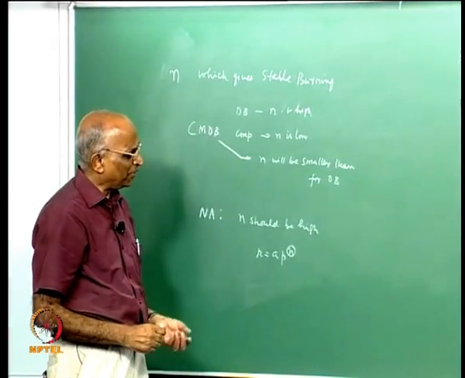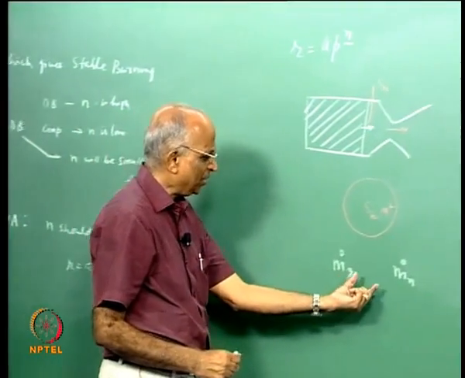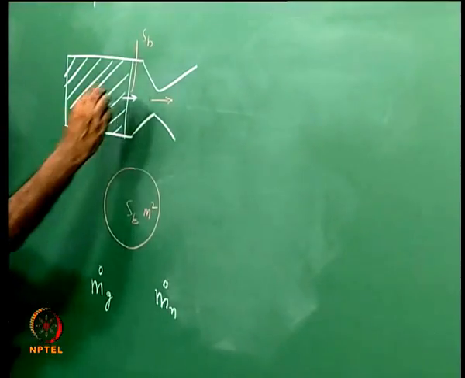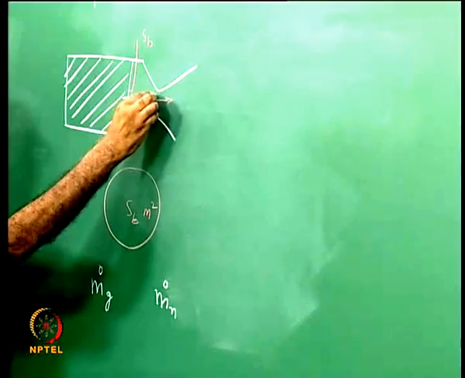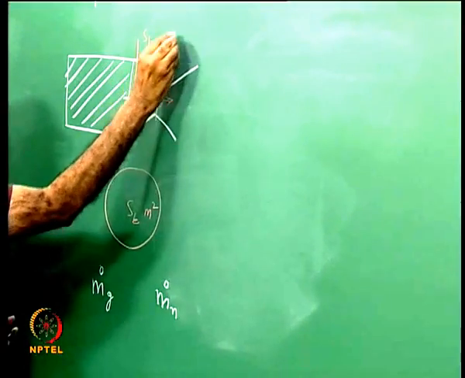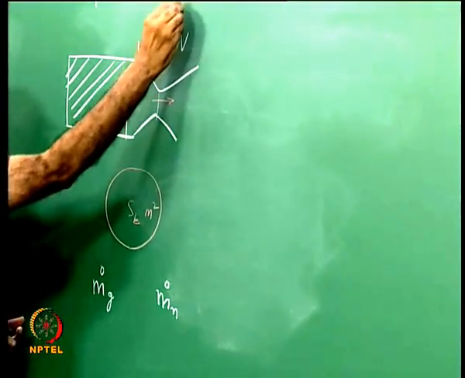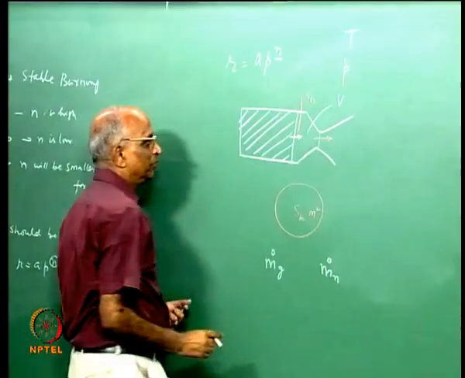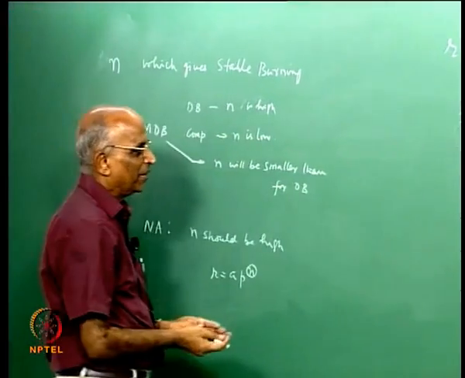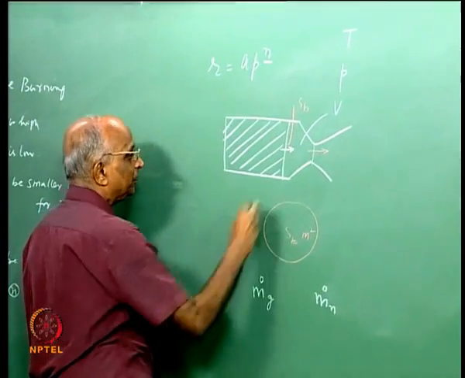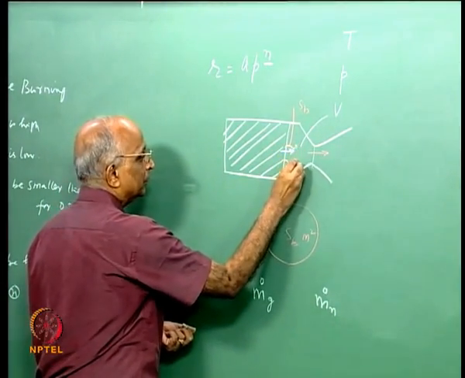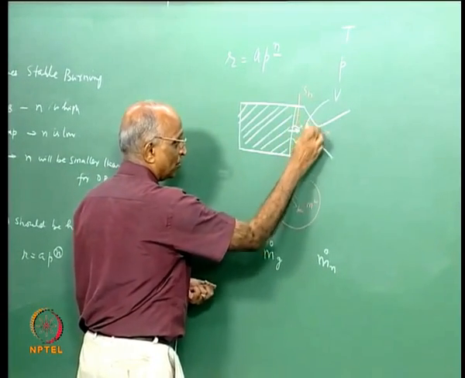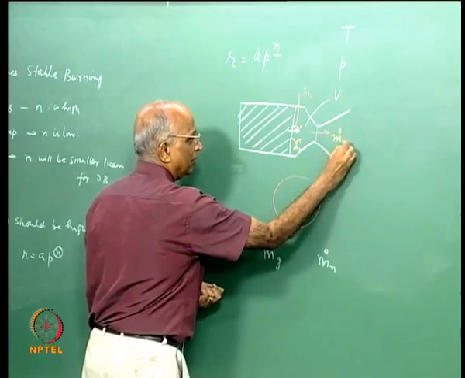Can I write an equation for the dependence on m dot g and m dot n from this? Let us consider a certain volume V, let the pressure in this volume be P, and let the temperature of the gases be T. Mass gets generated over here at m dot g, and it leaves the control volume at a rate m dot n.